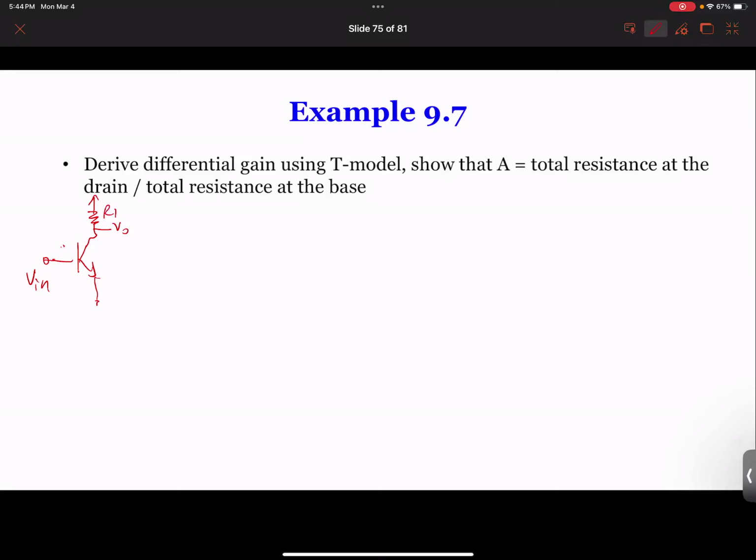So for this circuit, we did this like 100 times already. So you can draw the equivalent circuit to be, neglecting RO, we have R1 here.